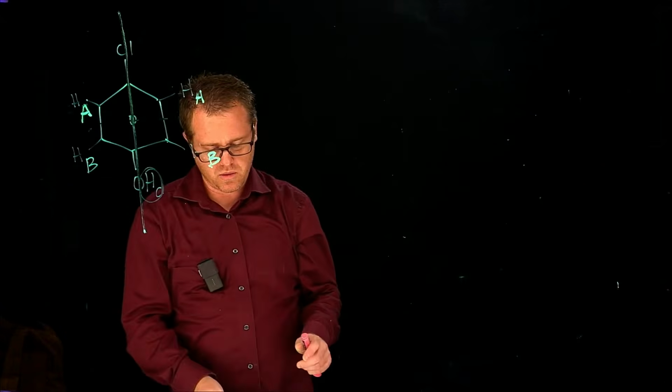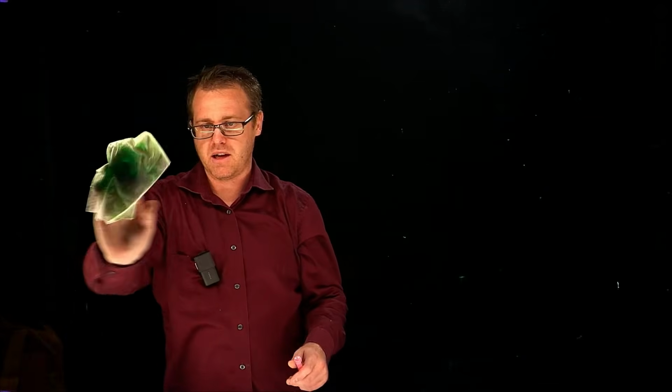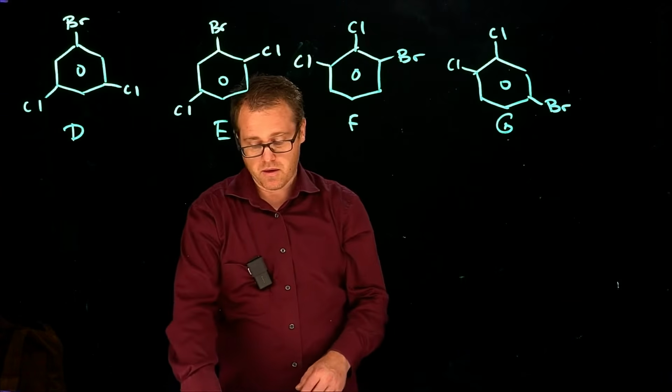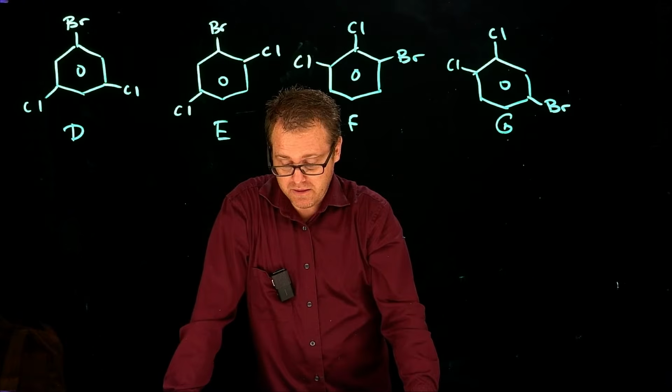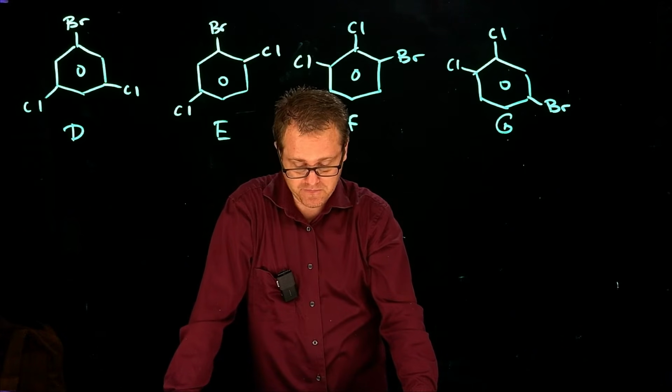Okay, so here's a question. So I'm going to draw the 4 versions up here, and then we will read the question. Okay, the question states, a compound gives rise to 2 signals in its proton NMR spectrum.